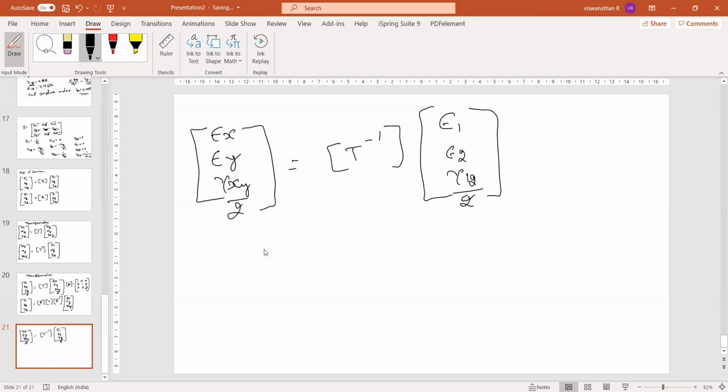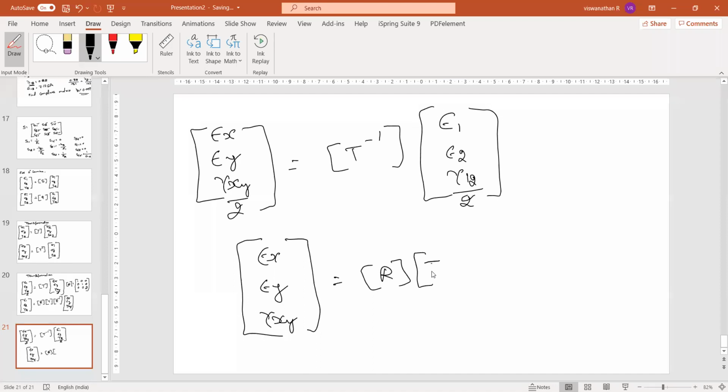This can be written as epsilon x, epsilon y, gamma xy is equal to R T inverse R inverse multiplied by epsilon 1, epsilon 2 and gamma 1 2.